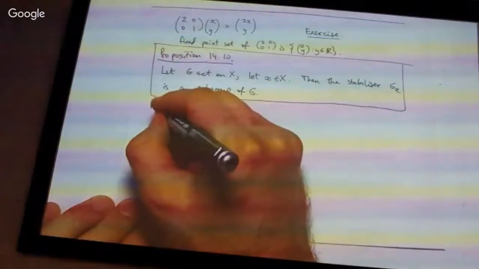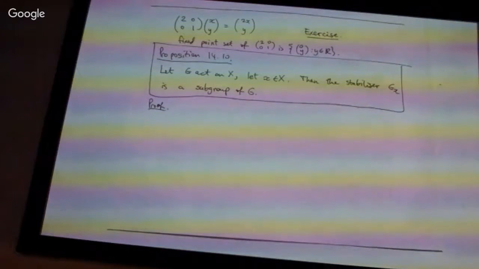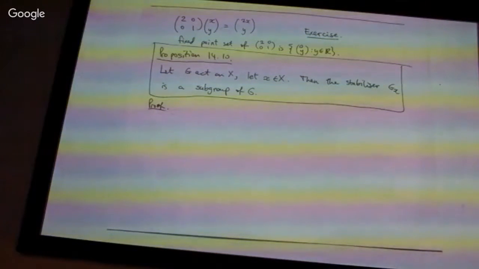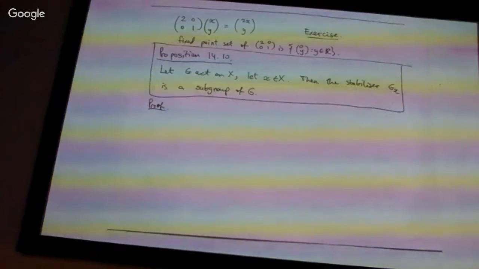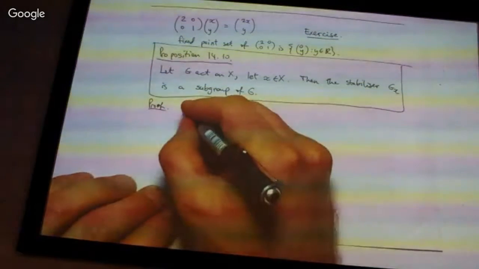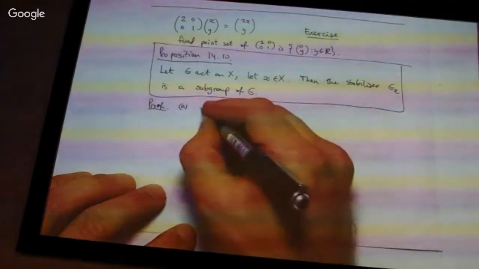And the proof of this is, okay, so how do you prove that something is a subgroup? The identity, okay, so what is Ex?